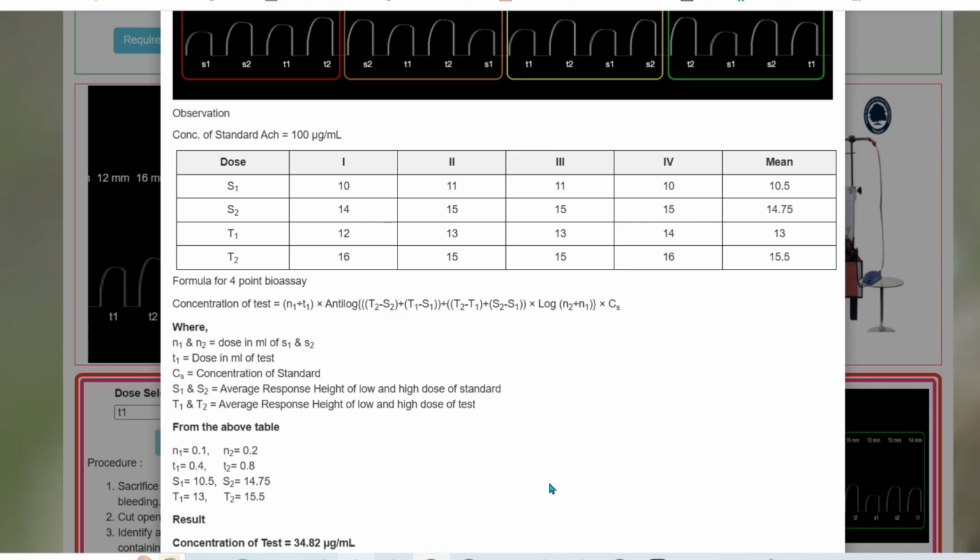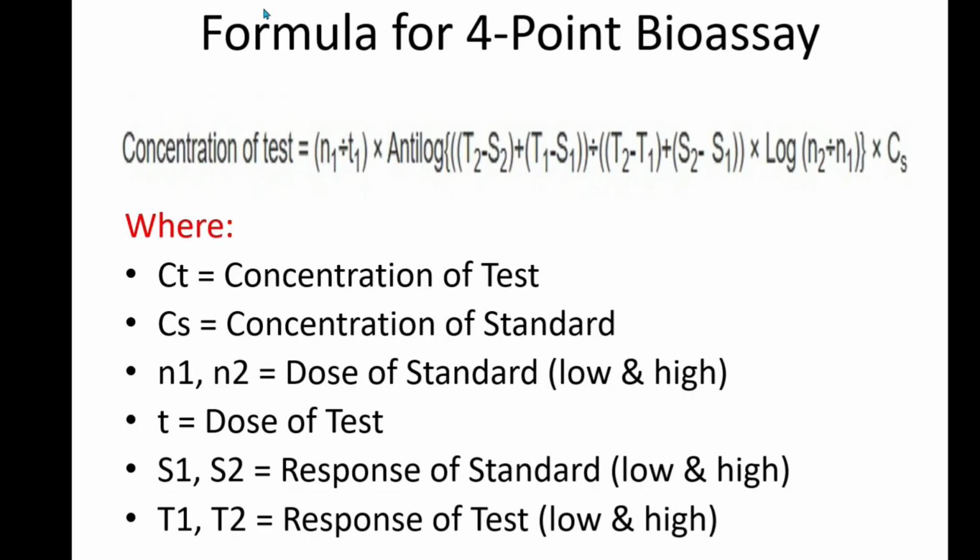The formula for four-point bioassay: concentration of test CT equals N1 divided by T1, into antilog of bracket T2 minus S2 plus T1 minus S1 divided by bracket T2 minus T1 plus S2 minus S1, bracket complete, into log N2 divided by N1, bracket complete, into CS, concentration of standard.